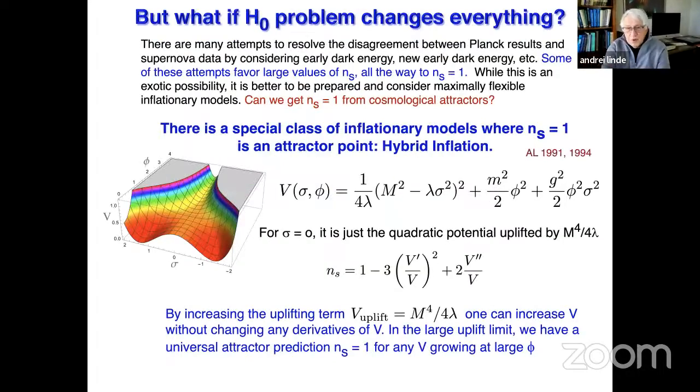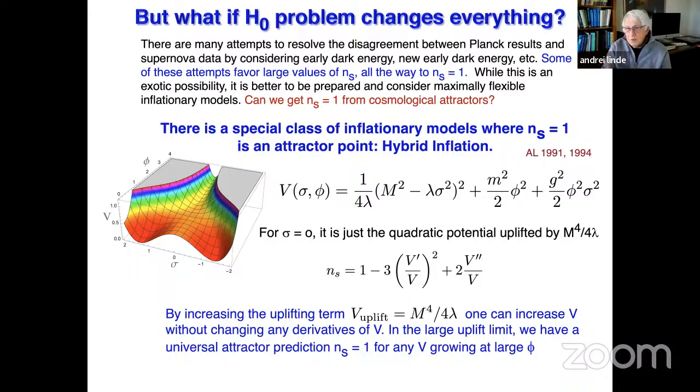Now, the situation can be, in fact, worse than that. What will happen if we have trouble making peace between the H0 model, between the supernova and CMB, and sometimes people start studying early dark energy, new early dark energy, etc. In some of these models, the authors required reinterpretation of existing data, and this reinterpretation pulled the interpretation to NS even close to 1.